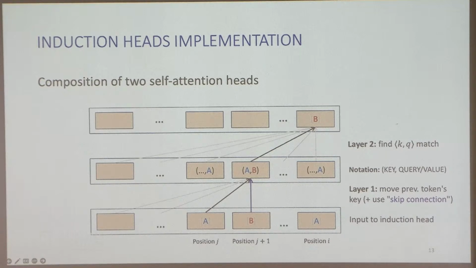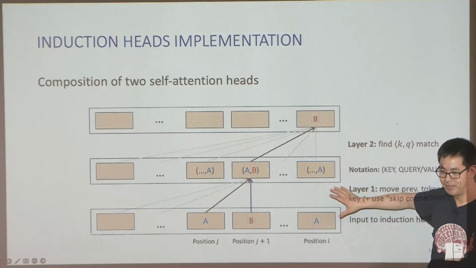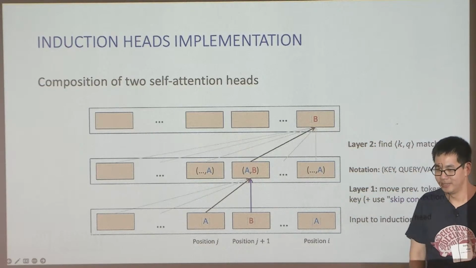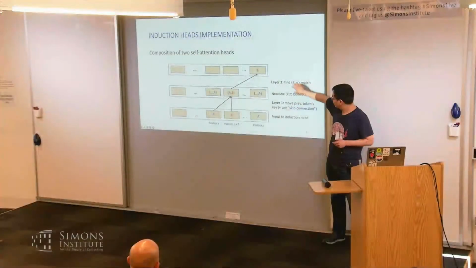You need two layers. It's a composition of two self-attention heads. You still have in this construction one head in each layer. There are two layers, right? The first one does this, and the second one does this.